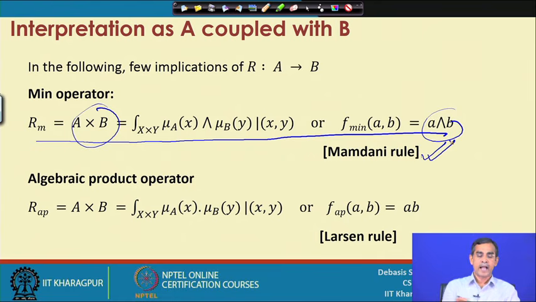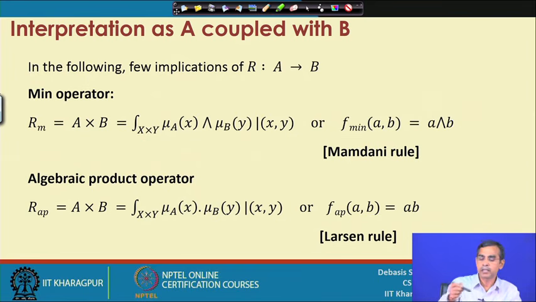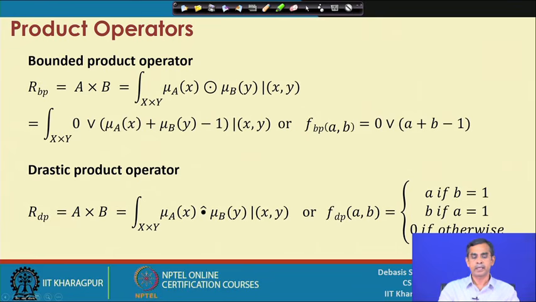Now, the algebraic product operator, which we have just discussed as simply a product, is called the Larsen rule. So, the different scientists who proposed these rules have their names attached to them, like the Mamdani rule and then the Larsen rule. There are some other rules also.